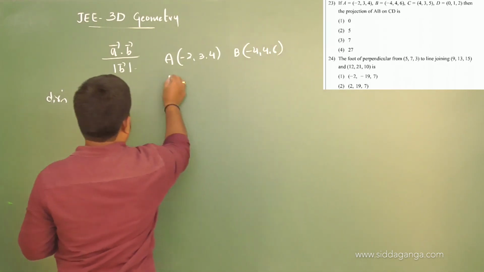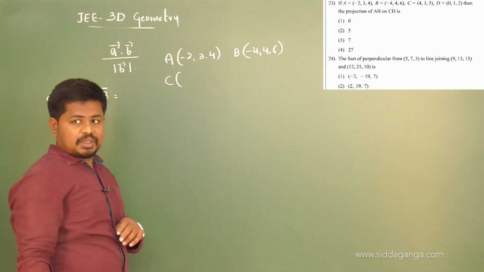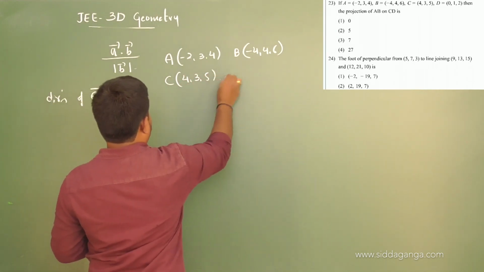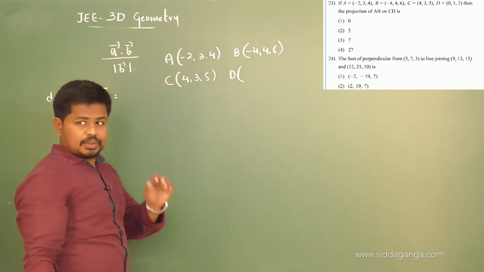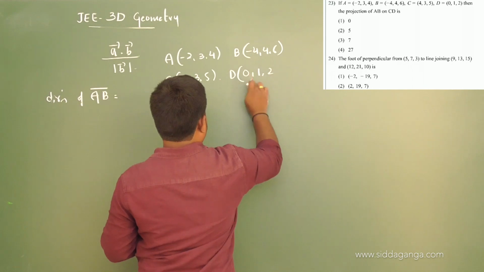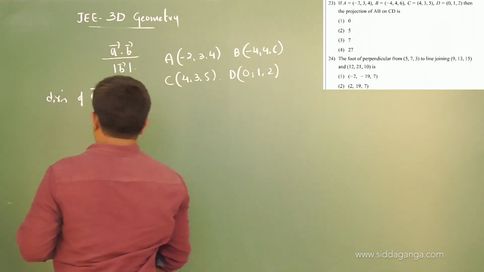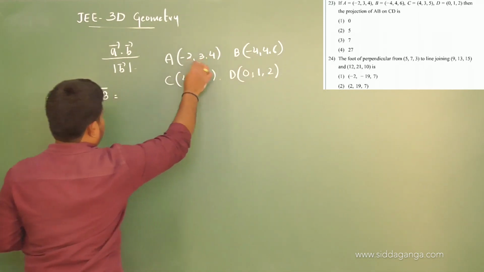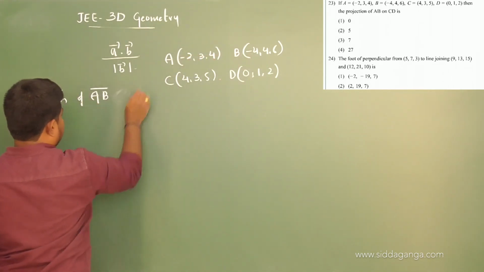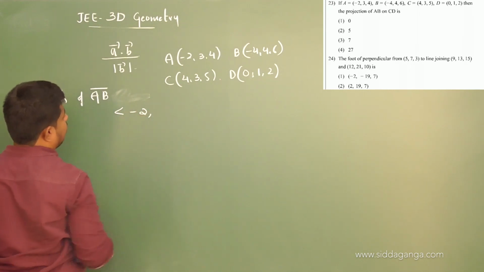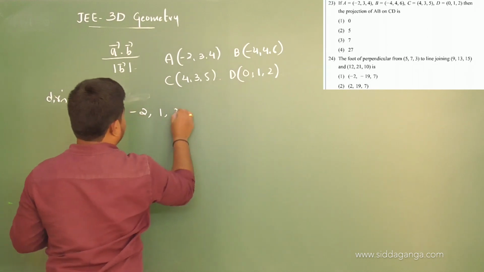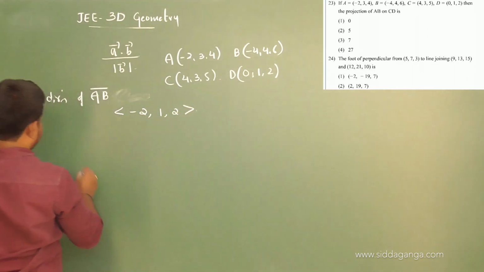In the same way, C is (4, 3, 5) and D is (0, 1, 2). Now the direction ratios of AB: x2 minus x1, that is minus 4 minus of minus 2, that is minus 2, and 4 minus 3, that is 1, and 6 minus 4, that is 2. So these are the ratios of AB.